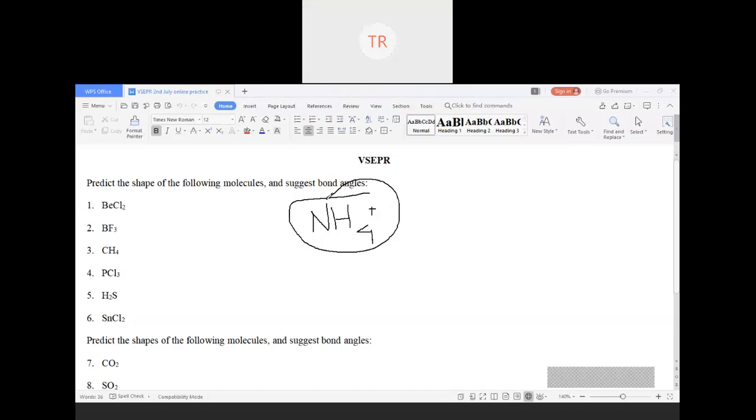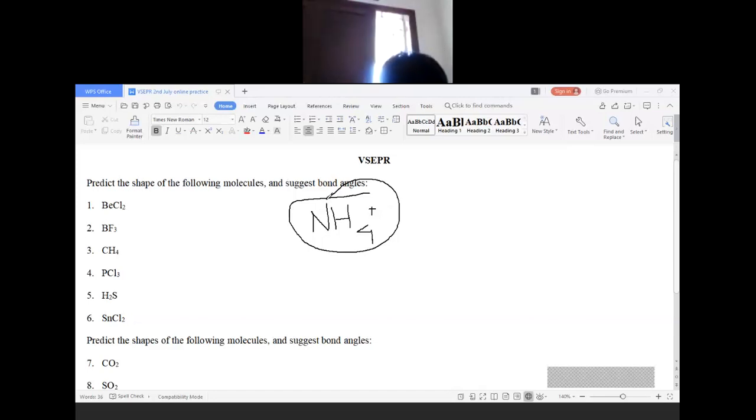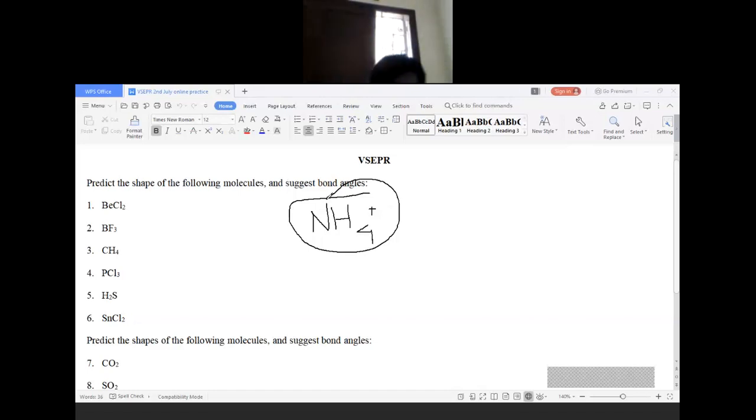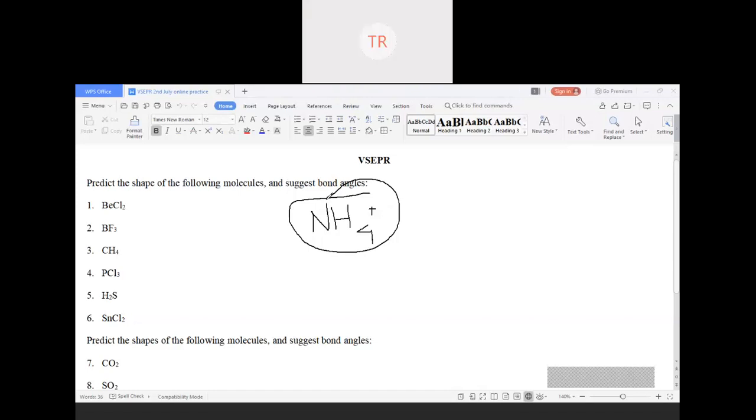That means what is the bond angle? 109.5. What is the shape? Tetrahedral. Yeah, that is the example.